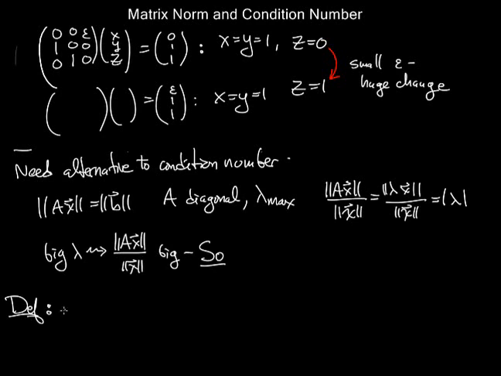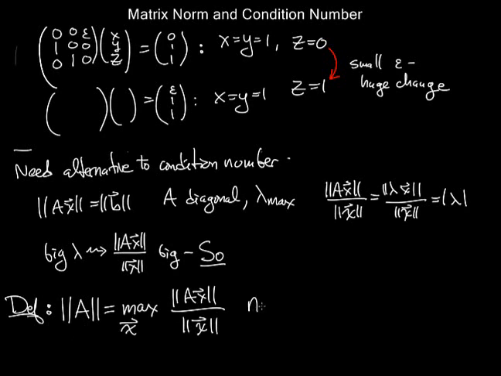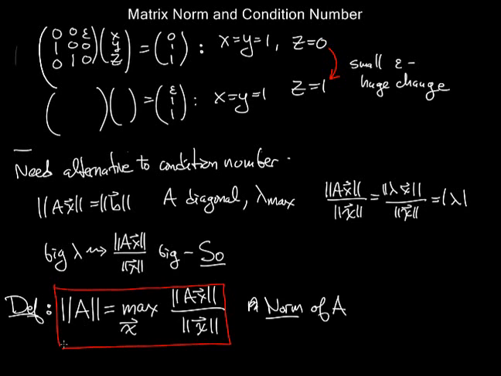So what that suggests is, well, we don't have an eigenvalue lambda, but we can use this other thing. Define the norm of A to be the max of the norm of Ax over the norm of x, over all vectors x. This is called the norm of A, and it is a very good measure of how well-conditioned a matrix is.